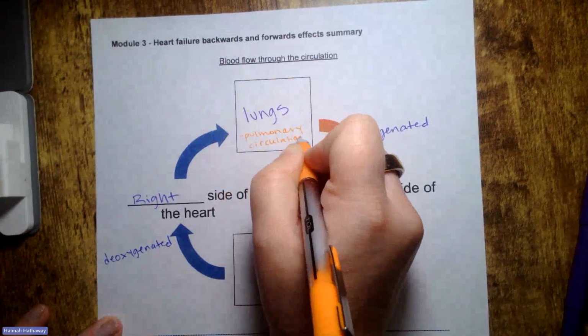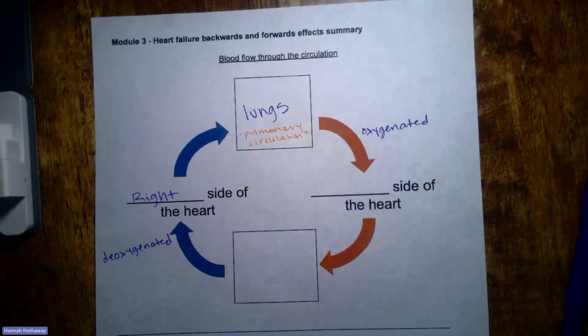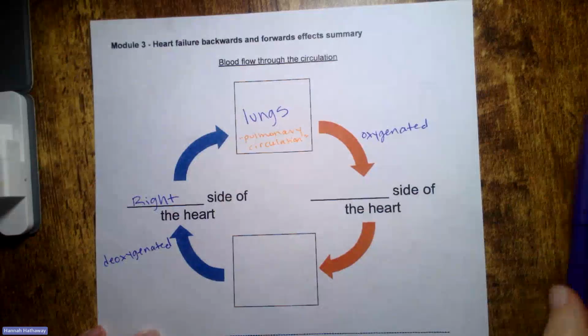Pulmonary just means lungs, and circulation meaning the blood is going through the blood vessels that are in the lungs. So the part of your circulatory system that is in the lungs, and then that blood becomes oxygenated.